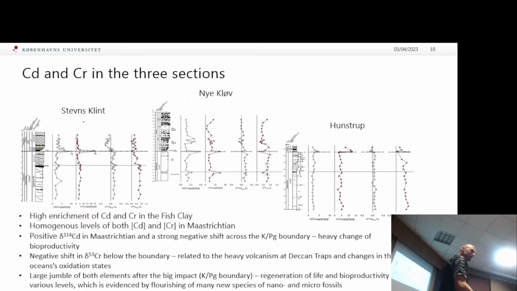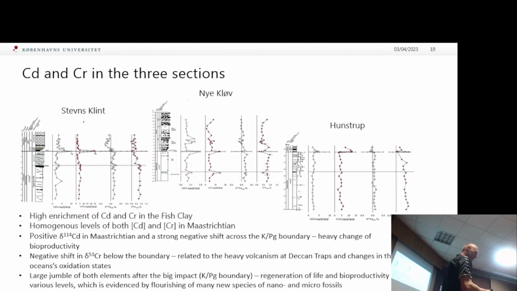Is upwelling the only explanation for the cadmium peaks after extinction, like the explosion of life forms? Would that increase bioproductivity as well, or is upwelling always the answer?